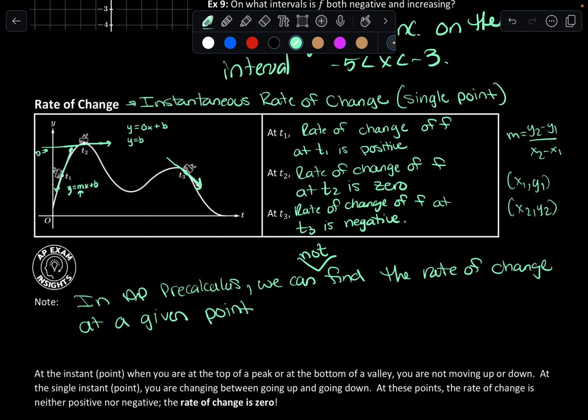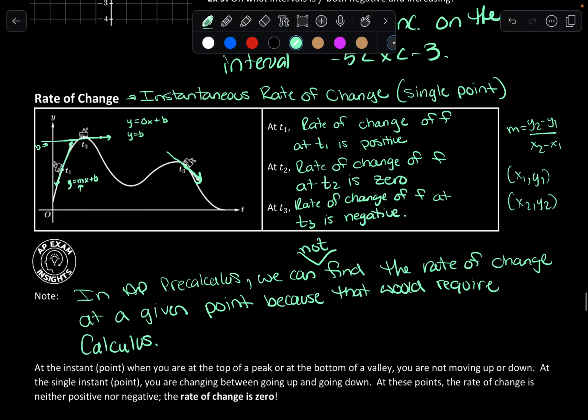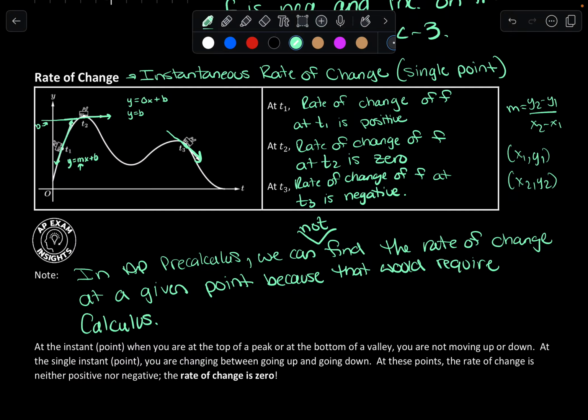So we cannot find the rate of change at a given point because that would require calculus. So in this course, we will only discuss whether it's positive, negative, or 0. Okay, and if you plan on taking calculus, we use the first derivative to find the slope at a point, or the slope of the tangent line at a single point.